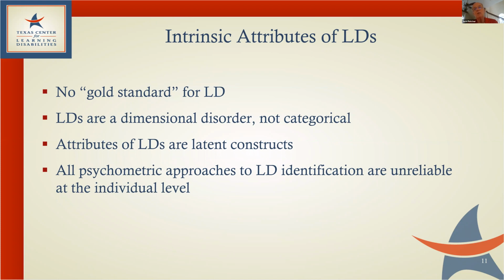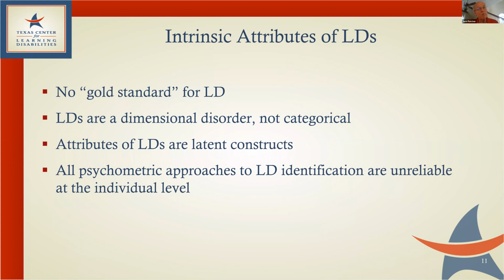And so the degree of measurement error and the extent to which it influences our estimate of the child's true level of intelligence will fall within a confidence interval. So the best way to understand that is to think about how we identify intellectual disabilities.